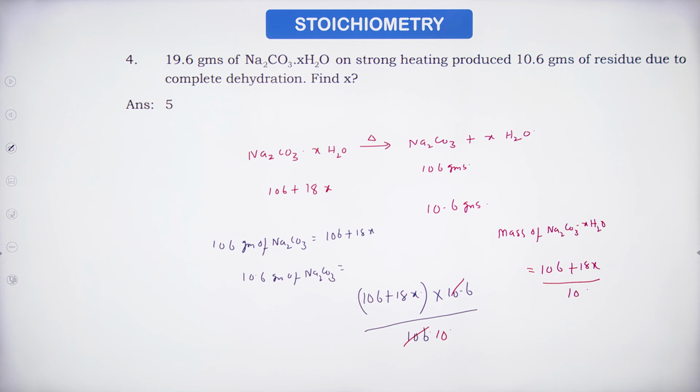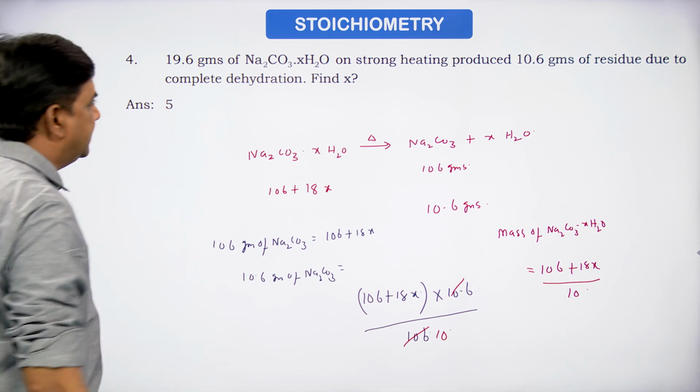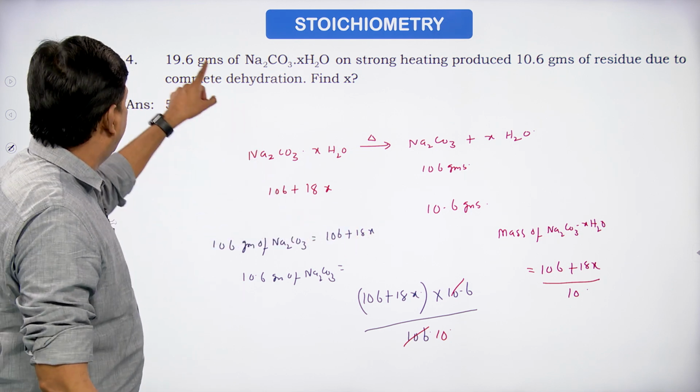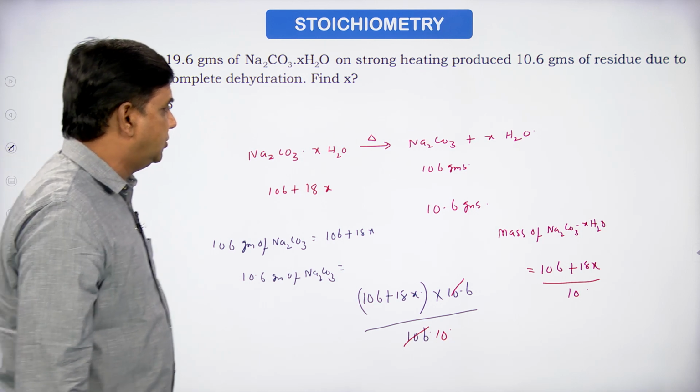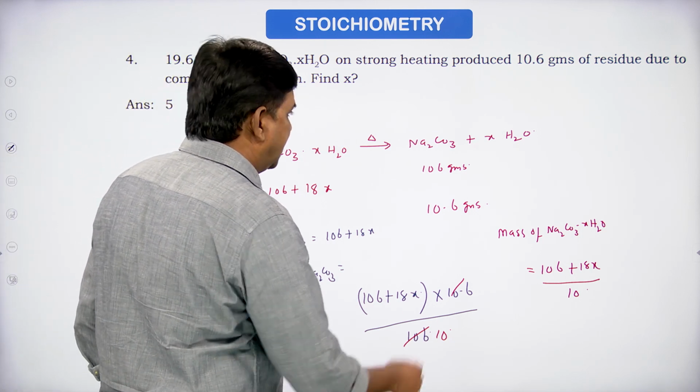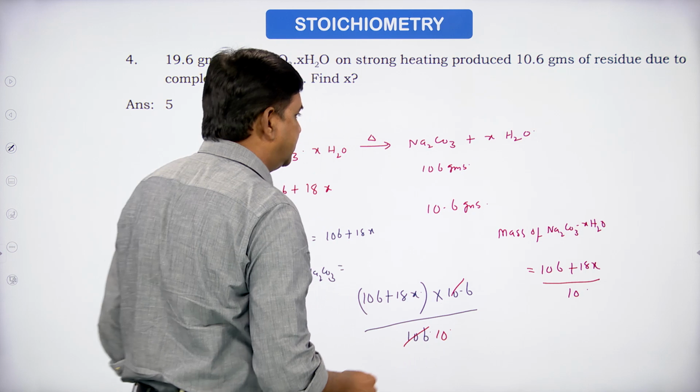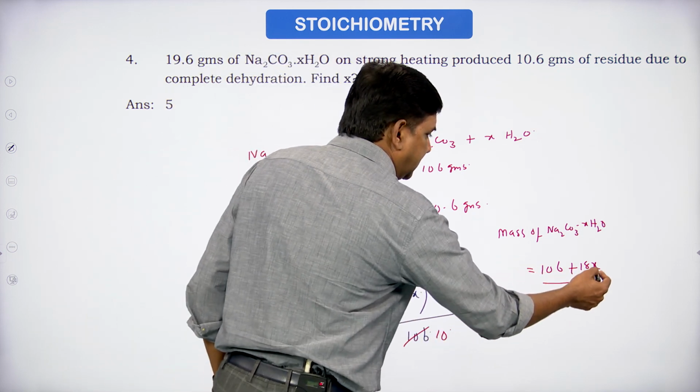One second, students. Sorry. And this value is equal to how much? 19.6 grams of Na2CO3. So, therefore, the mass of Na2CO3 XH2O is equal to 106 plus 18x by 10.